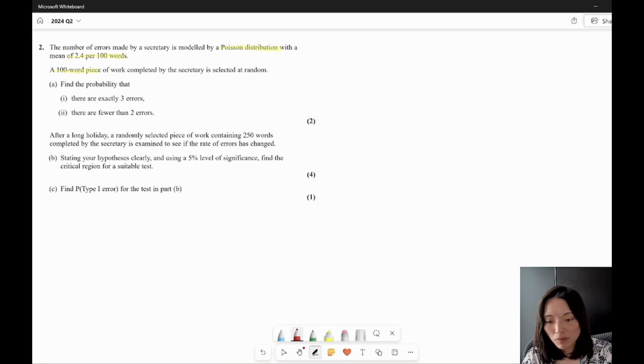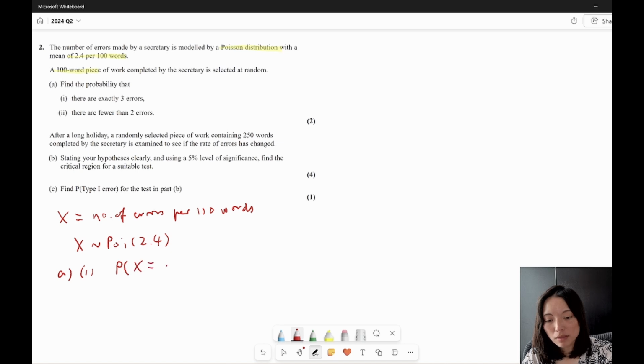Why don't we call X the number of errors per 100 words? And from the question, we know that X follows a Poisson distribution with mean 2.4. Part A1 is asking us, what's the probability of X being 3?